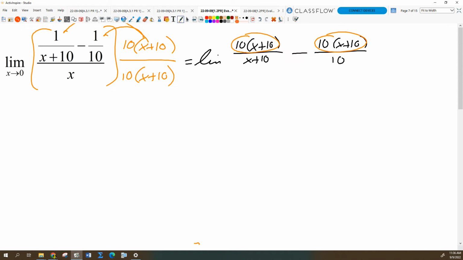On the bottom, I've got x times 10 times x plus 10. Okay, you see what this is going to do? Look what it does to these fractions. Up here on the top, it's going to cancel those factors in the first fraction and those factors in the second fraction, and it gets us there a little quicker, doesn't it?